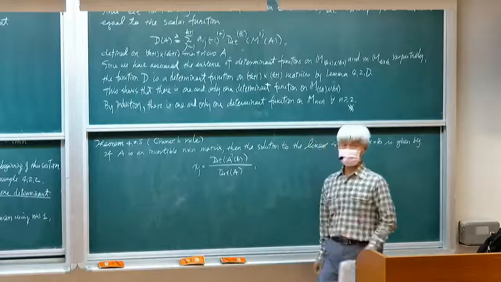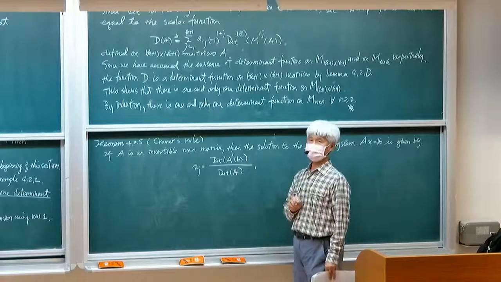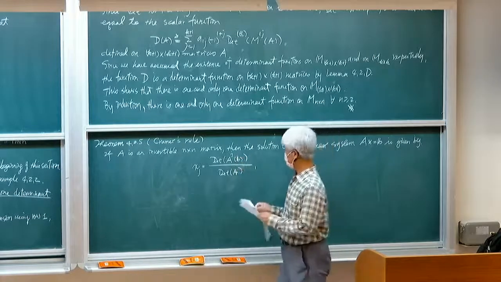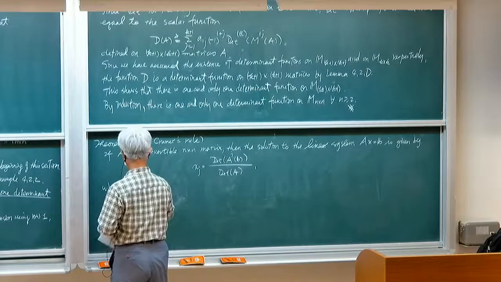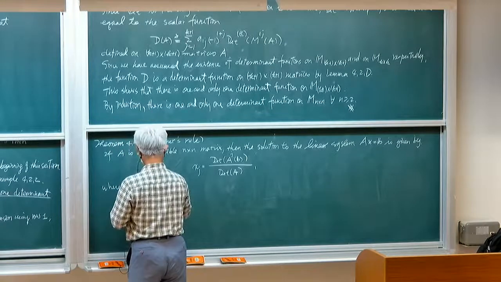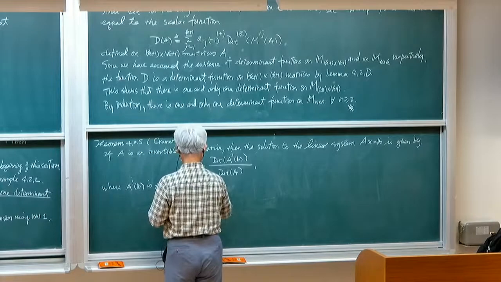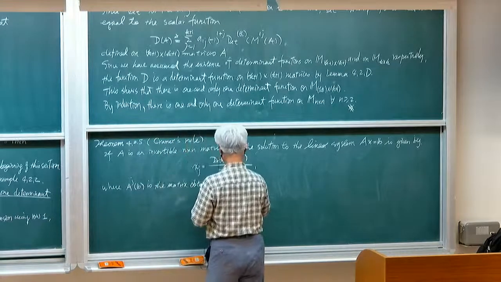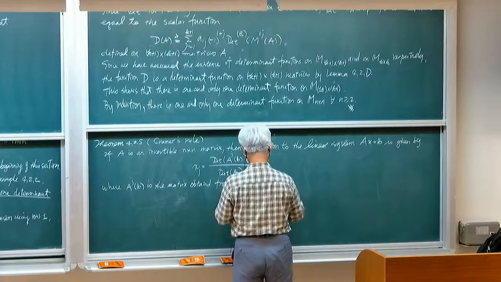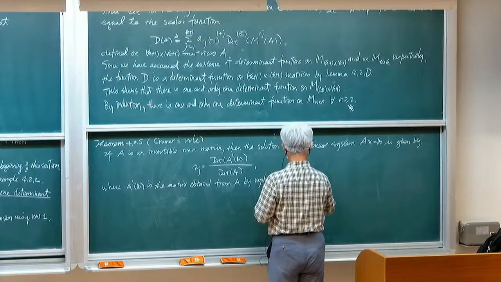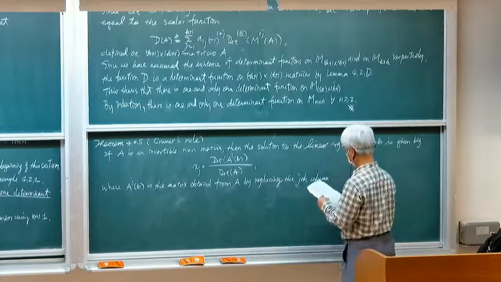So we have a new notation. Here we use A sub j instead of A sub i. What is A sub j? A sub j is the matrix obtained from A by replacing the jth column. So it's about operations on columns.